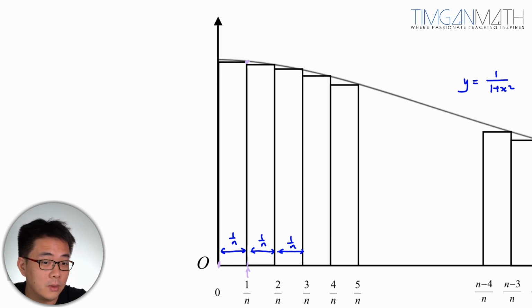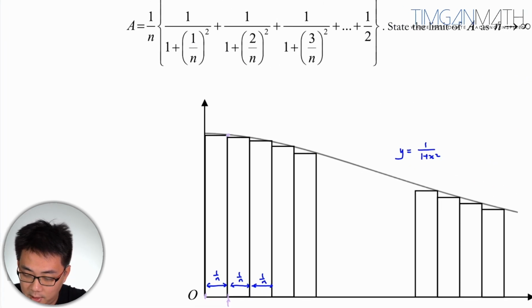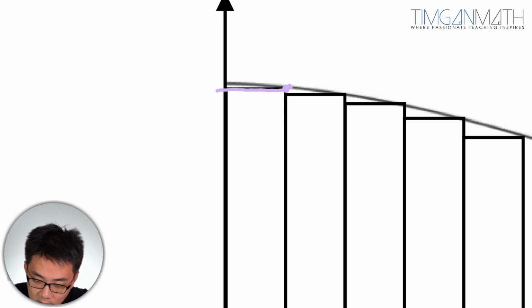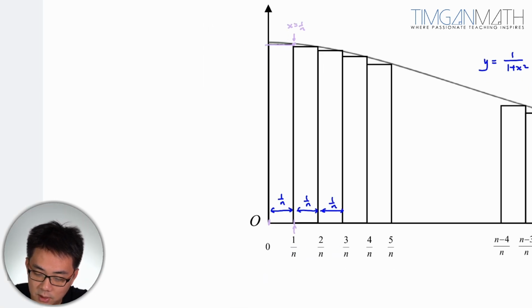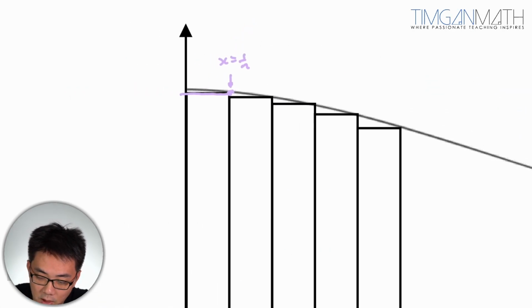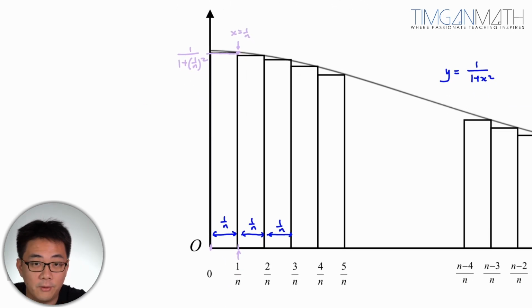Typically in the questions you'll see in A levels, there are these two ways. The one on the right means that for this height here, you substitute x equals 1 over n, because that will be 1 over n. So the y value here will be 1 over 1 plus 1 over n squared. This is the height of the first one.